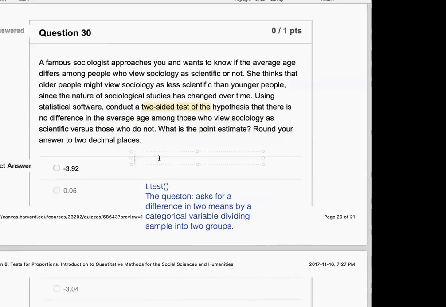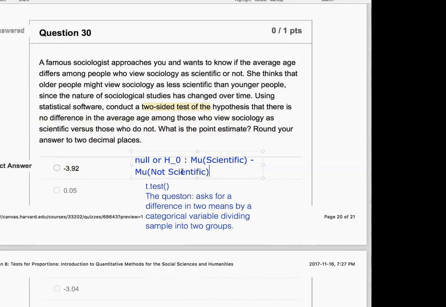So here, the null hypothesis, H naught (you can use an underscore), is that mu, the population mean age of those who believe sociology is scientific, minus mu, the population parameter of age for those who think sociology is not scientific, is equal to zero.